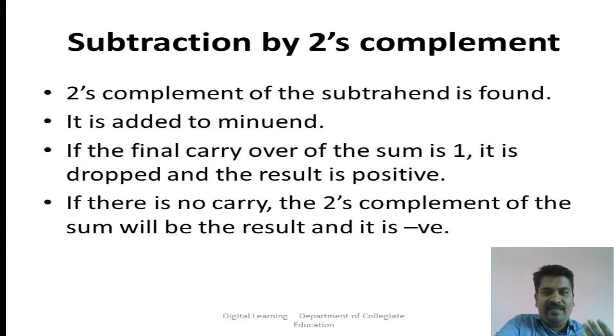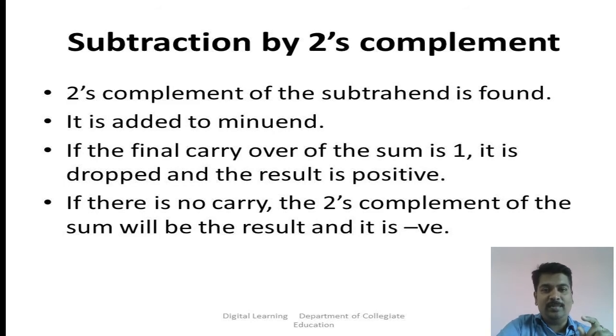Okay. Next, after addition, if the final carryover of the sum is 1, it is dropped and the result is positive. Suppose if the carry is 0, if there is no carry, then the 2's complement of the sum will be the result.